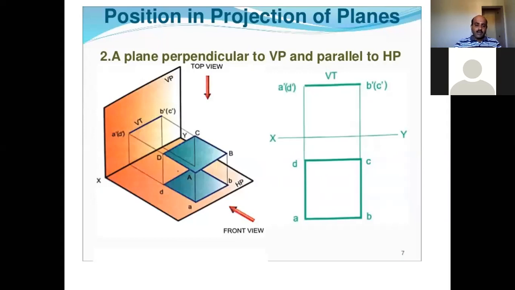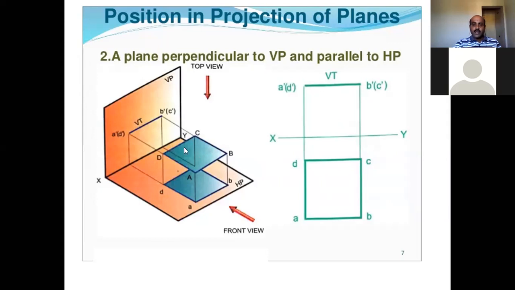So here, ABCD is a square. This lamina or plane has been kept parallel to HP and perpendicular to VP. As we have the same concept, where the lamina or plane is parallel to the corresponding reference plane, you are going to get a true shape and a true size.